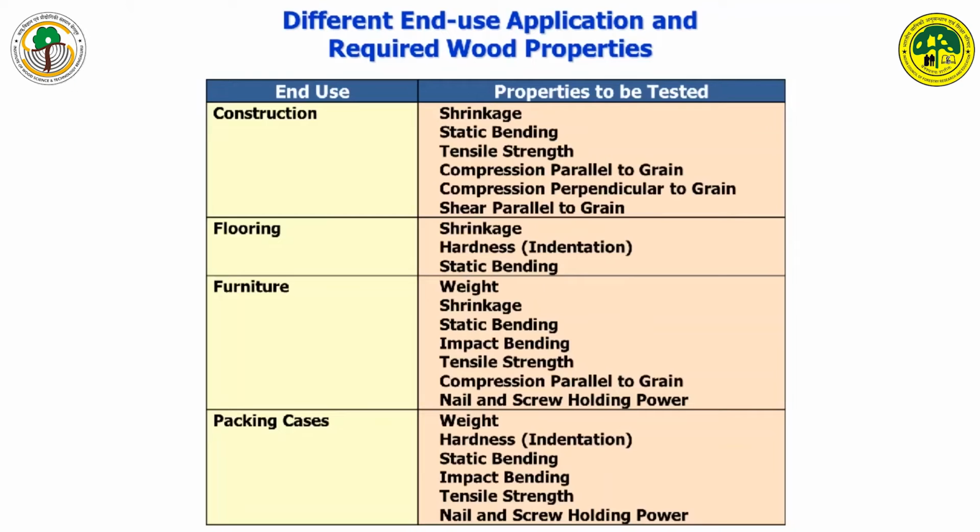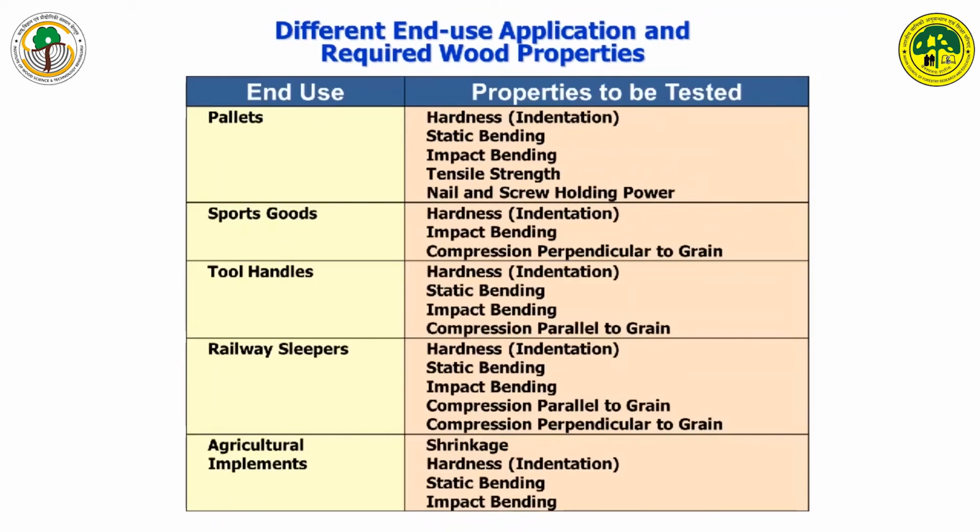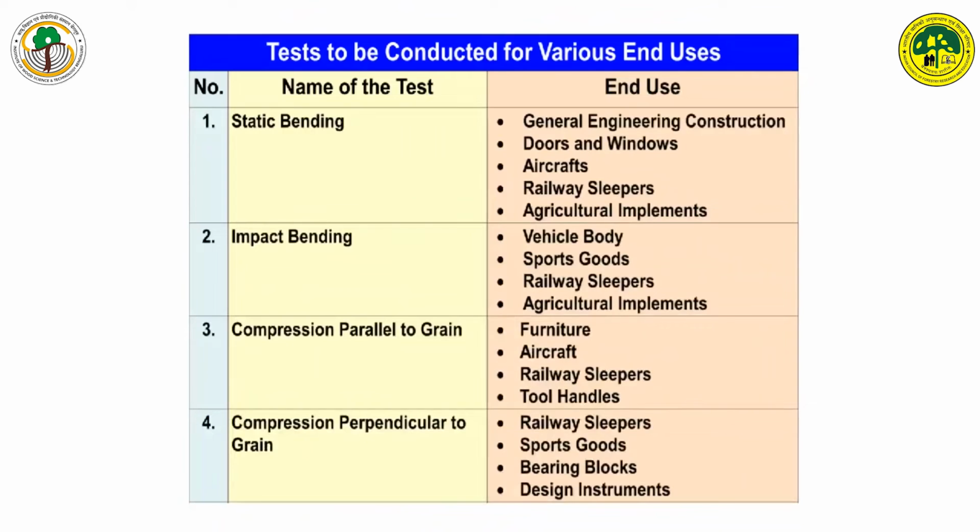For furniture, these are the properties required: weight, shrinkage, static bending, impact bending, tensile strength, compression parallel to grain, and nail and screw holding power, because in furniture many times you have to use nails and screws. Packing cases, then pallets, sports goods, tool handles, these are the different applications and different properties which are to be tested.